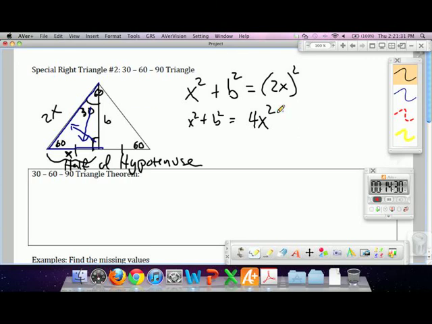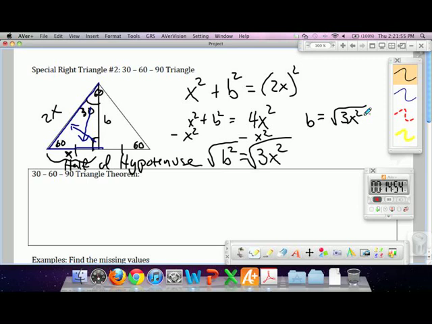So if I want to get b by itself, how about I subtract an x squared from both sides? What's 4x squared minus 1x squared? 3x squared. So if I want to take the square root of both sides to get b by itself, b is the square root of 3x squared.